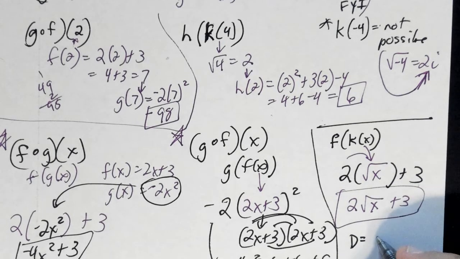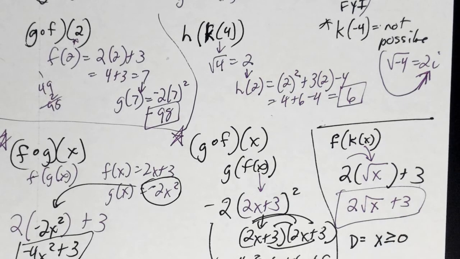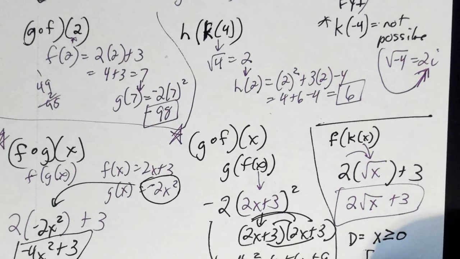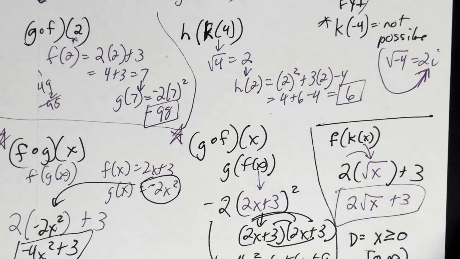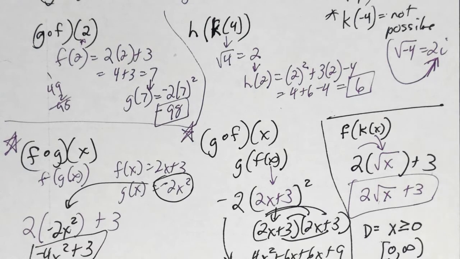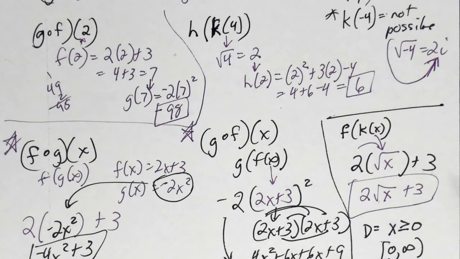So, x has to be greater than or equal to 0. So in this case, x has to be 0 to infinity. Okay? Because x has to be a positive number. It cannot be a negative number. It can be 0, but it cannot be a negative number. And so that's why I can only use x values that are positive in that problem. Otherwise it would not work.